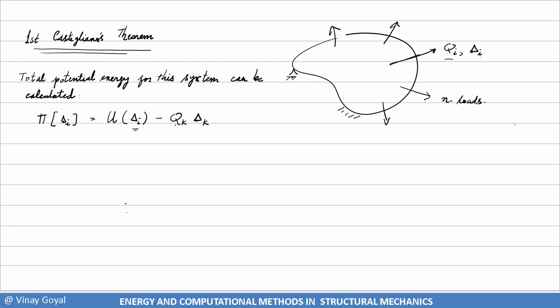Or if we don't want to violate the rules of index notation, I'll just write down N loads. And you can see here that this is the strain energy, U, and this right here is the potential energy due to loads applied.